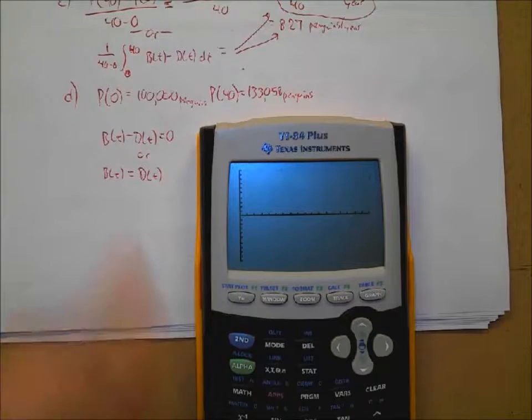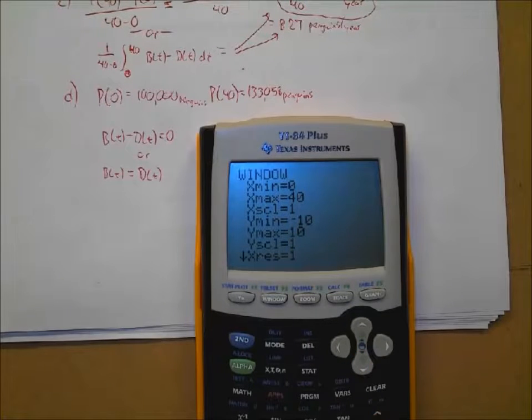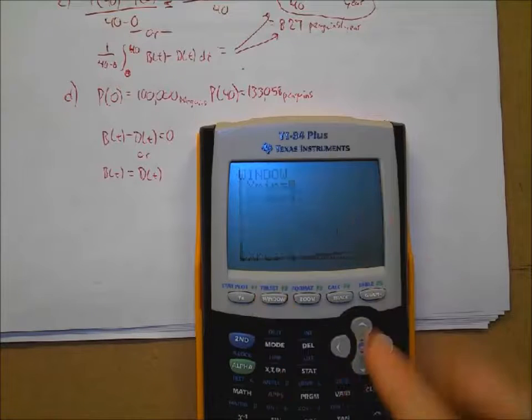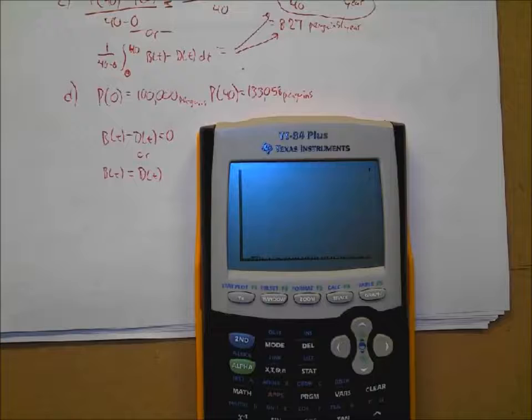Okay, and again, I want to make sure I'm on the interval from 0 to 40 too. So 0 to 40, I'm probably going to have to adjust my calculations here. So let's say I go up to like 100,000. All right, go from there. Okay, way too high for the y value there. Let me try 50,000. Still a little higher than I would like.